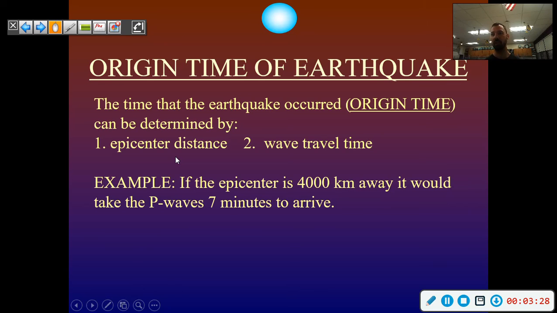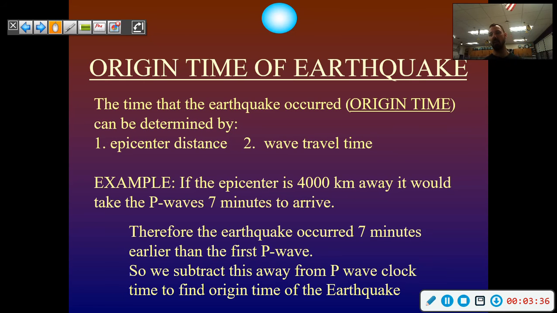So if the earthquake epicenter is 4,000 kilometers away, it's going to take 7 minutes for the P waves to arrive. If we know that, we know the earthquake occurred 7 minutes earlier than that first P wave. So we take the P wave clock time and subtract to find the origin time of the earthquake.